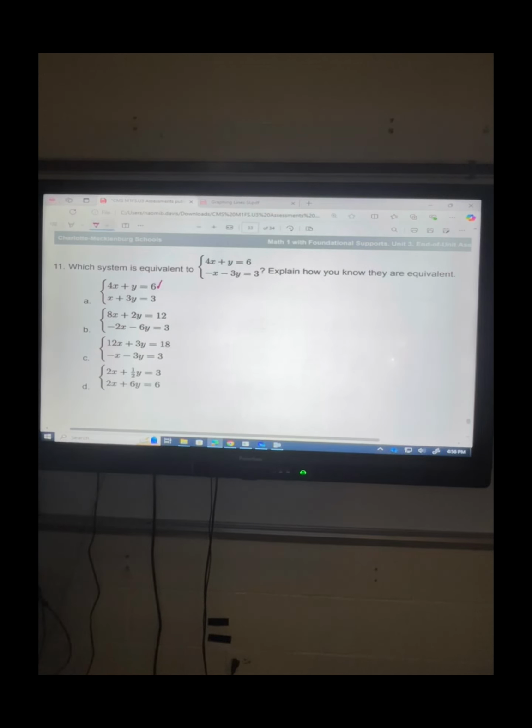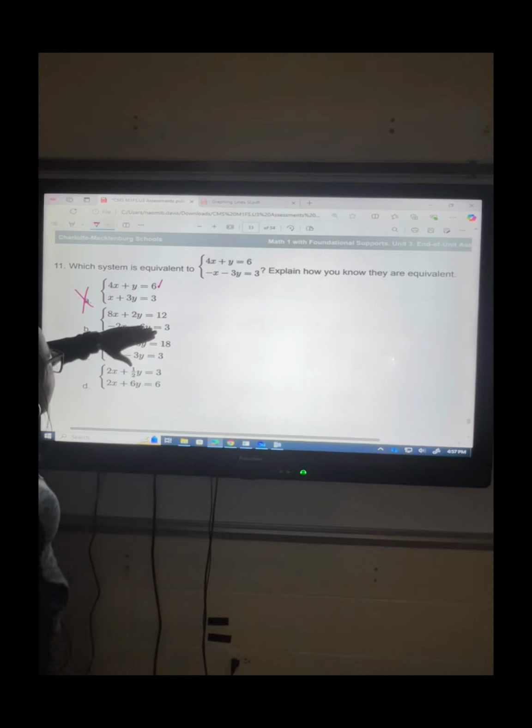X plus 3y equals 3. Now just hold on a second. Because you change the -3 to a positive, but you never changed this to anything. All you did was change this side. Because if we do something on one side, we got to do it on the other. All right, let's look at the next one. 8x plus 2y equals 12.